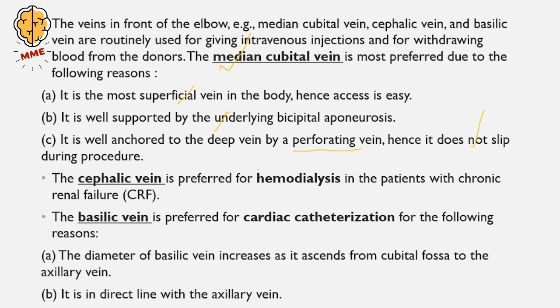Now cephalic vein is used for hemodialysis in patients with chronic renal failure, and the basilic vein is preferred for cardiac catheterization for the following reasons: because the diameter of the basilic vein increases as it ascends from the cubital fossa to the axillary vein, unlike the cephalic vein, whose diameter remains the same, it doesn't increase, and it is in direct line with the axillary vein, unlike the cephalic vein, which is at right angle to the axillary vein.